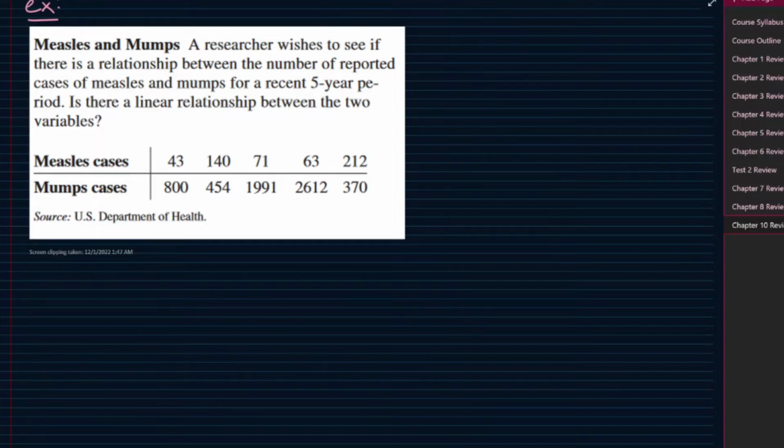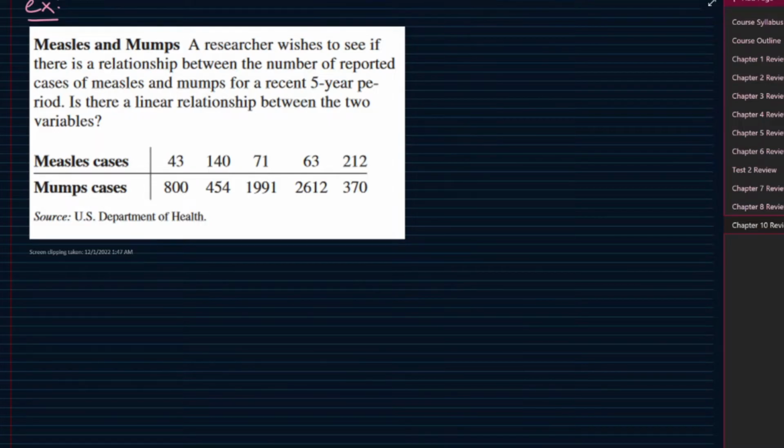Again, when we go to 71 measles cases, there's way more mumps cases. And then at 63, there's way more mumps cases. And then at 212, it spikes down to 370. So to me, it doesn't look like they're very related. So I would expect to see a value of r very close to 0.